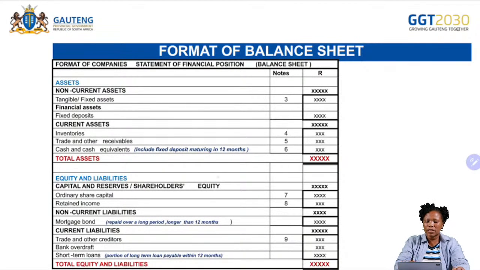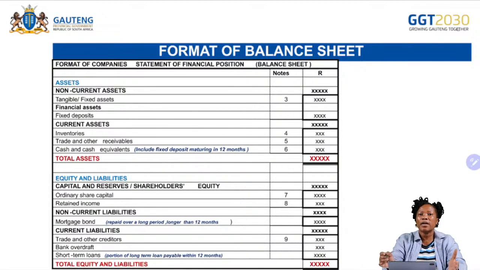And then as you go down through your structure, you have your equity and liabilities, and you will have your capital and reserves, your non-current liabilities, as well as current liabilities. It is very important that you are familiar with the structure because you are losing so many marks in an exam because you misplace the items, even the figures, and you get penalized for misplacing the items.